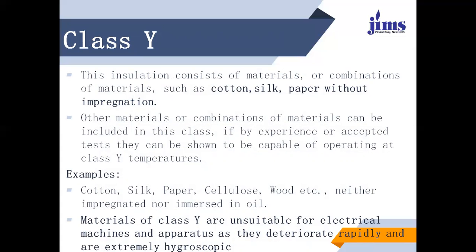Examples are cotton, silk, paper, and wood, neither impregnated nor immersed in oil. Materials of class Y are unsuitable for electrical machines and apparatus as they deteriorate rapidly and are extremely hygroscopic in nature.